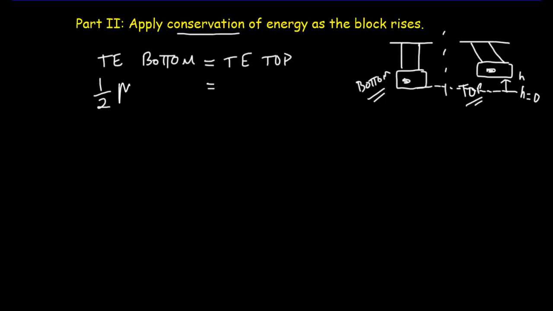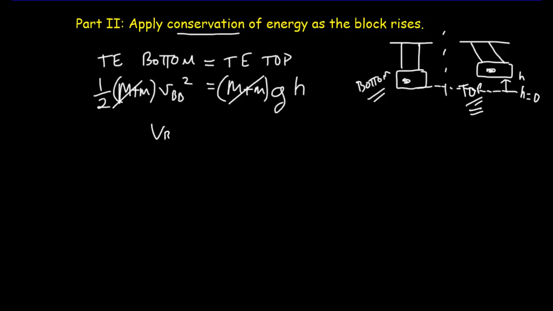One half combined mass moving at a speed vbb, all squared. At the top, it's got nothing but potential energy because at the top of the flight it will have 0 speed. So then we've got the combined mass times g times h as the gravitational potential energy. We can do a little bit of dividing out the masses, and we'll get that vbb is equal to the square root of 2gh.